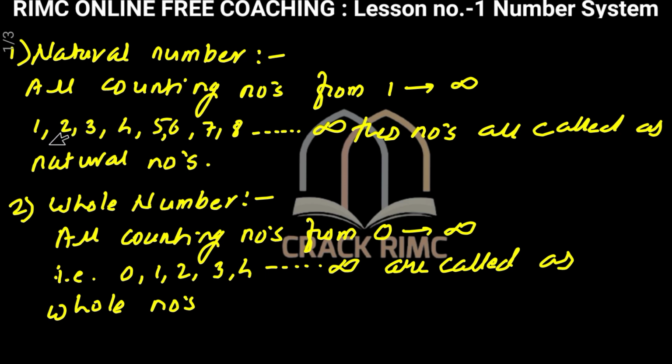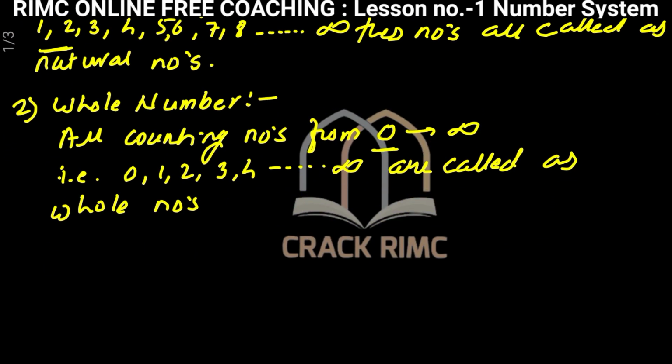In natural number we are counting number from 1. Okay, and in whole numbers what we have done, we have added 0 in natural numbers. Okay, so after adding 0, these all numbers becomes whole numbers. Is it clear? Now I will write here one important point. You also please write down.